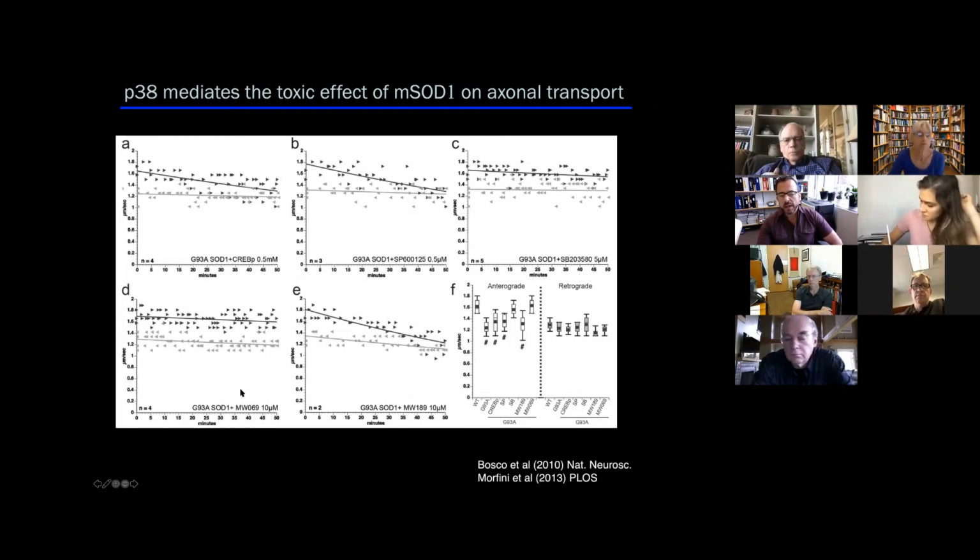But if you take an analogous form of this inhibitor that is modified in a single covalent link in a way that no longer makes it effective, so you basically have the same composition, the same formula, but organized slightly differently, you don't prevent the effect. So this gave us significant confidence, together with the biochemical data, that the effect on axonal transport was mediated through P38s.